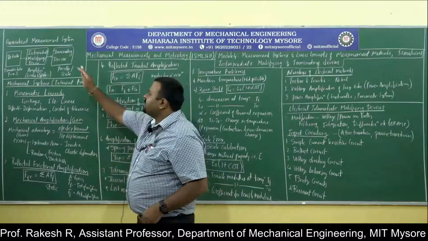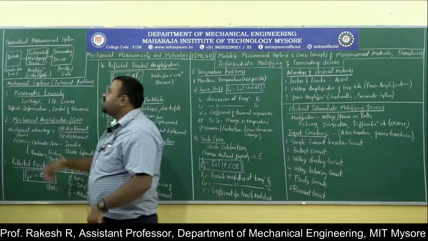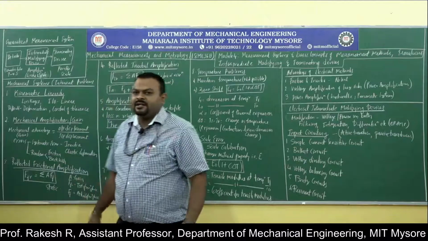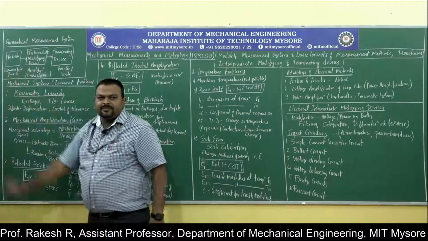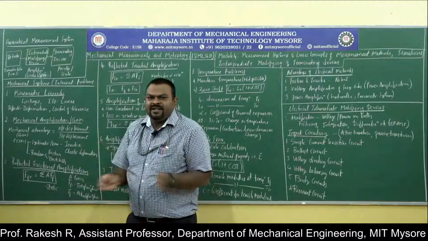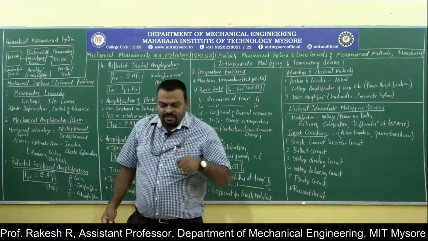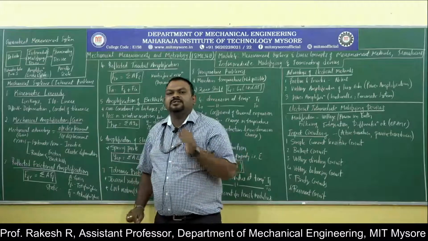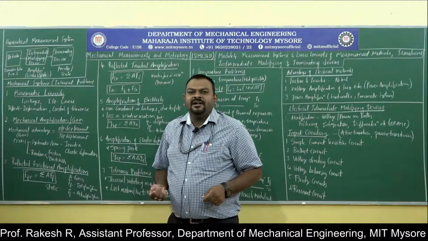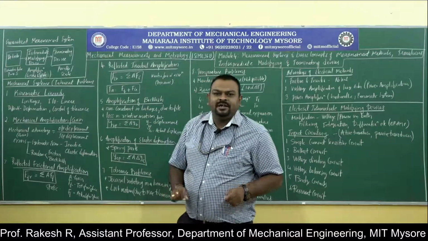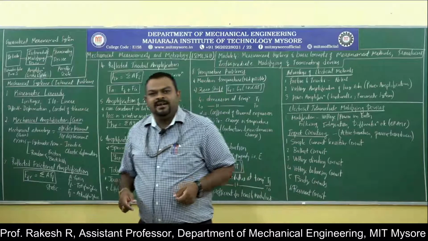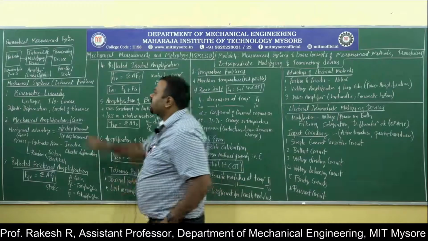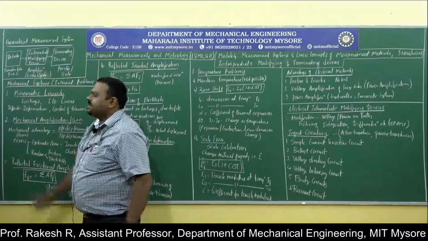The final stage is the terminating stage and the primary stage is the detector stage, where primary or secondary transducers will be used. Between those two, I need to amplify the signal, attenuate the signal, filter the signal, sometimes add the signal, sometimes subtract the signal, sometimes multiplexing, demultiplexing. These things come under intermediate modifying devices.